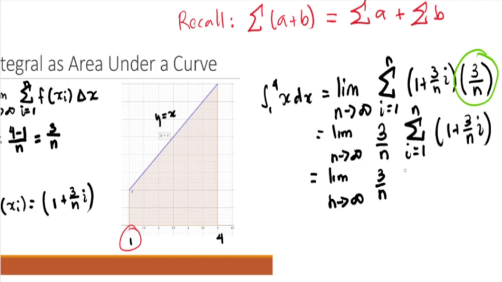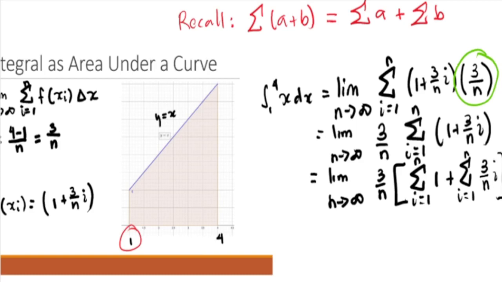If we do that, we have the summation i running from 1 to n of 1 plus the summation i running from 1 to n of 3 over n i.